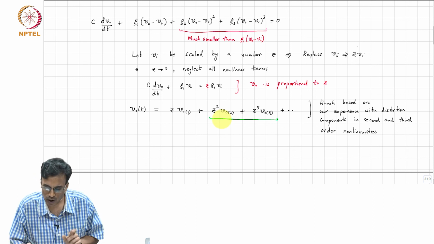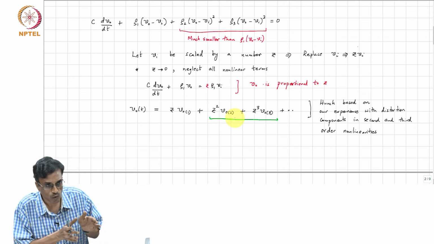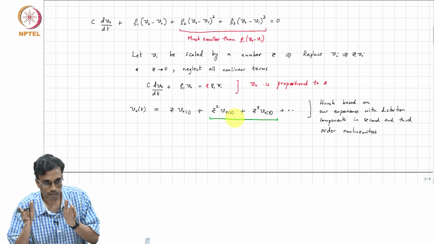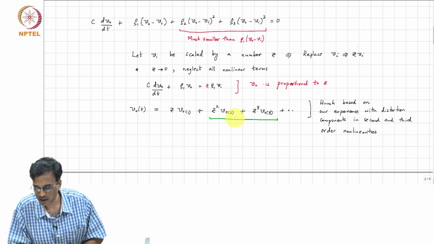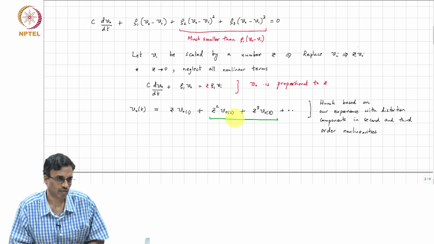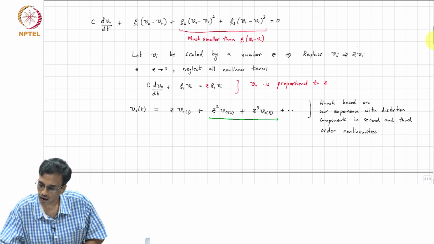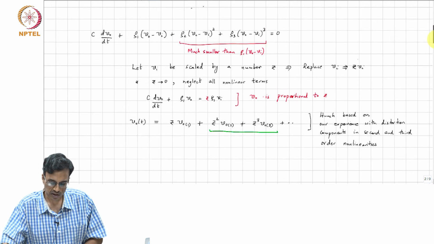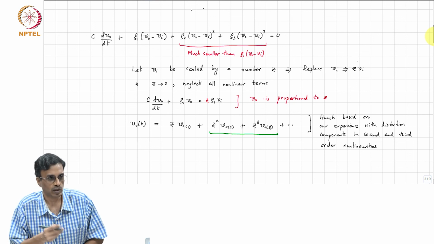It is just that VO2 simply quantifies that error which scales as Z square, and VO3 quantifies the error that scales as Z cube. All right. So, now the question is how do you find VO1, VO2 and VO3 and all these higher order terms.